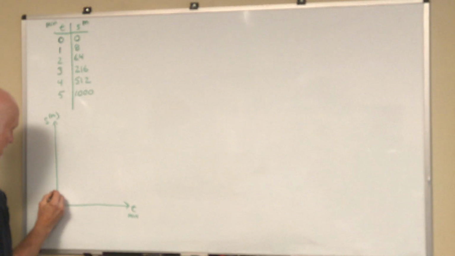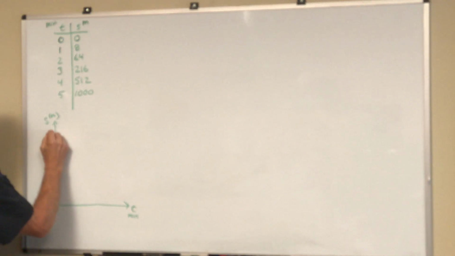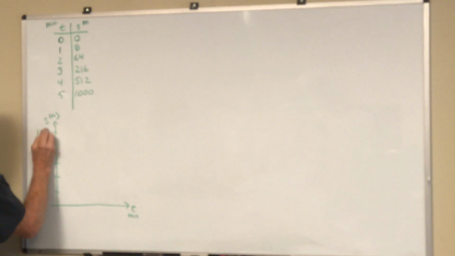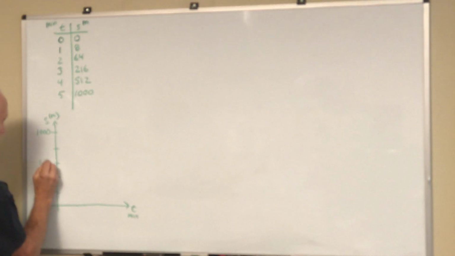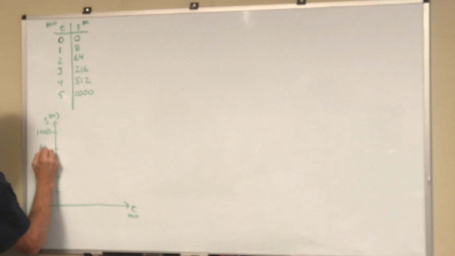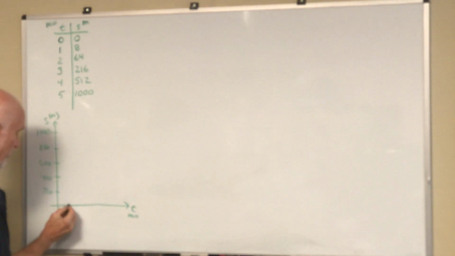And she said, we ended up going 1,000 meters, and she made this nice picture, or graph, as we decided we should call it, because it looks like a graph.